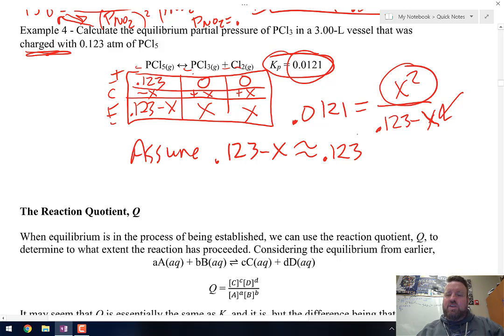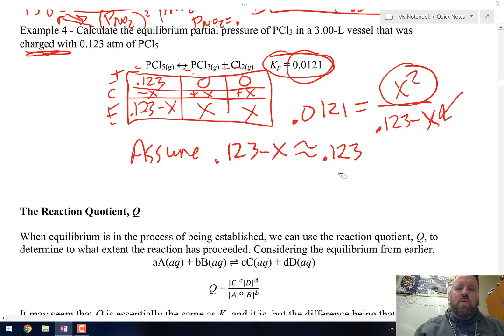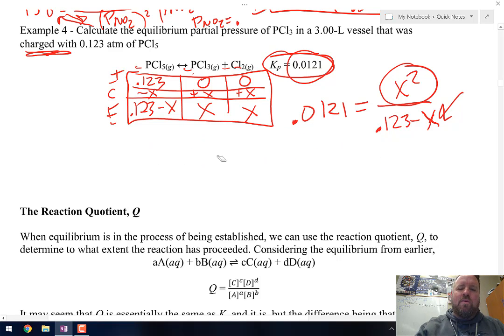And what that's going to do is, yes, our answer is going to be a little bit off, but again, on the AP test, they're never going to require you to use the quadratic equation. So what we can do is we can say that x is small enough that when you subtract it from 0.123, it's just going to be really close to 0.123 still. So what that does, it makes our math way, way easier. So we're going to make that assumption that this here is close enough to just 0.123.